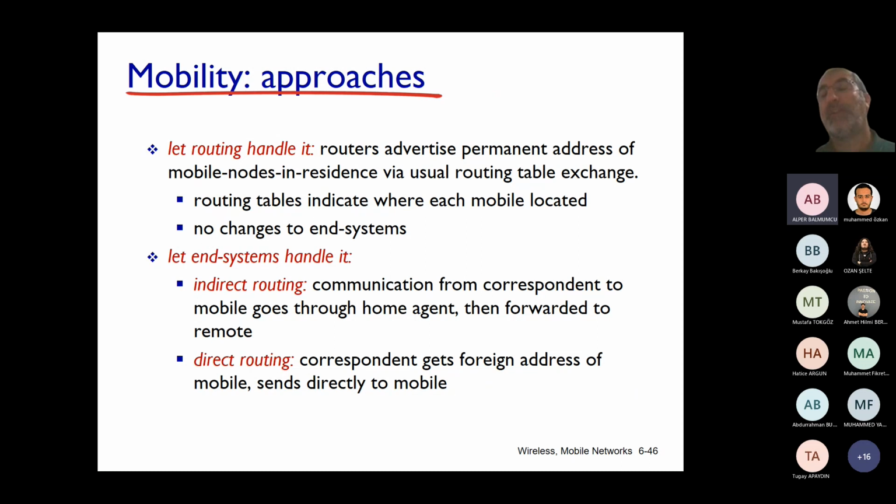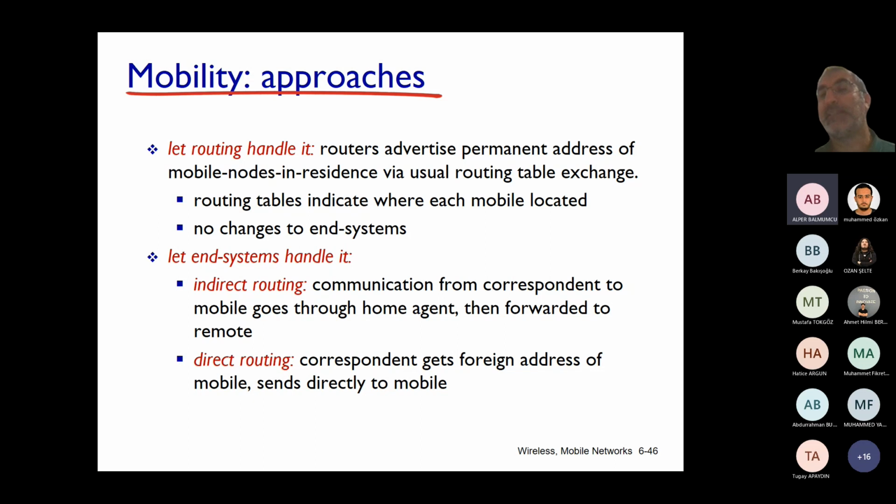But when it comes to the mobile network, we are talking about millions, maybe billions of mobile devices. How are we going to find a specific mobile so that we can connect and talk? There are two main approaches. The first one is let routing handle it, and the second approach is let the end system handle it. So let's look at the first approach, which is based on routing.